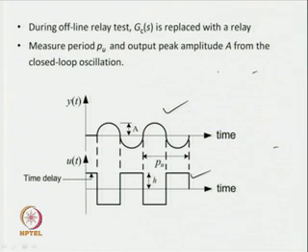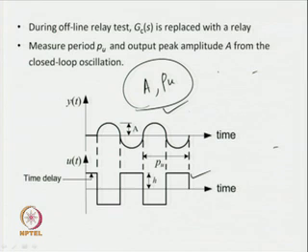By making measurements of some features of the limit cycle output, the features A and Pu, it is possible to establish relationships between the unknown transfer function model parameters and the measurements, and then using the measurements it is possible to estimate the unknown parameters of a first order plus dead time transfer function model.